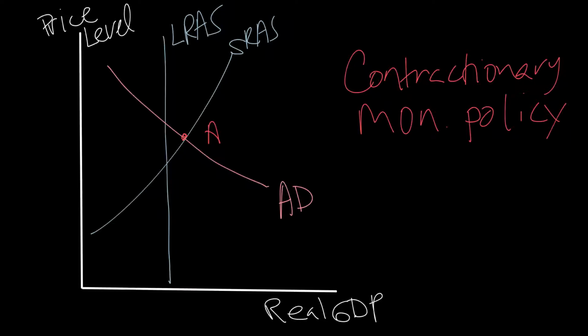It's nice to have higher real GDP, but it's coming at a cost of this higher inflation. And so as the Federal Reserve attempts to do contractionary monetary policy, that would be because they are trying to decrease aggregate demand, send it to the left, and end up back on this long-run potential aggregate supply curve.